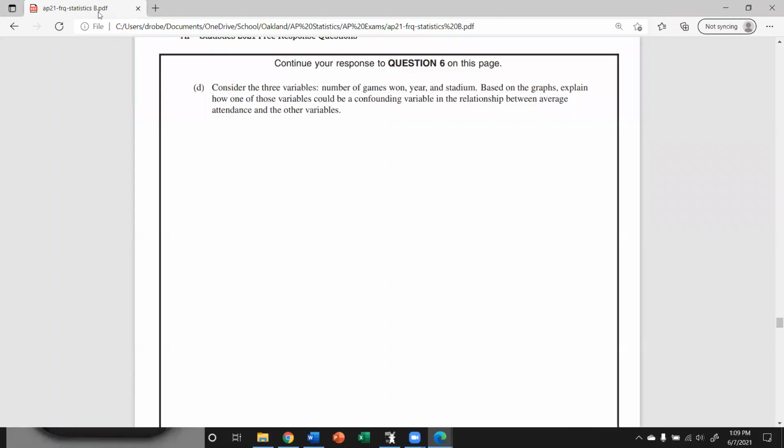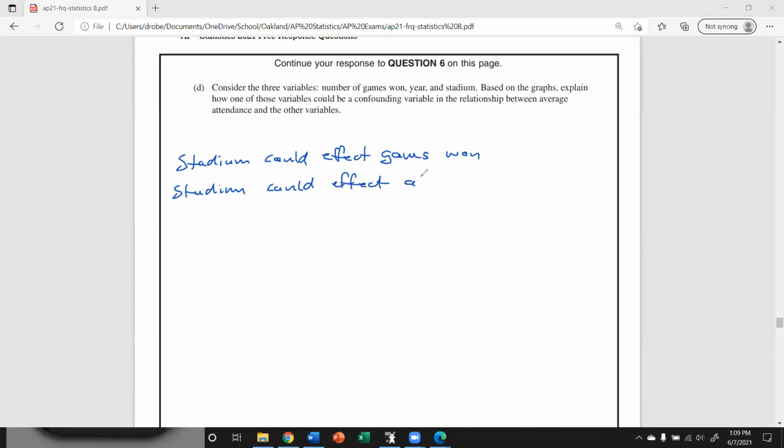All right. But let me take a shot at explaining it. So stadium could affect games won, and stadium could affect attendance.